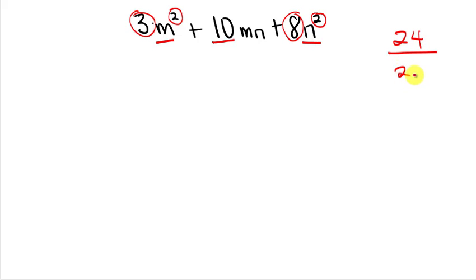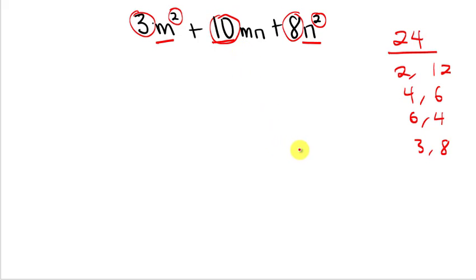We have 2 times 12, that will give us 24. We have 4 times 6, and 6 times 4 is the same. We have 3 times 8. Now, which of these pairs is going to work? You multiply, you get 24, but when you add, you have to get 10.